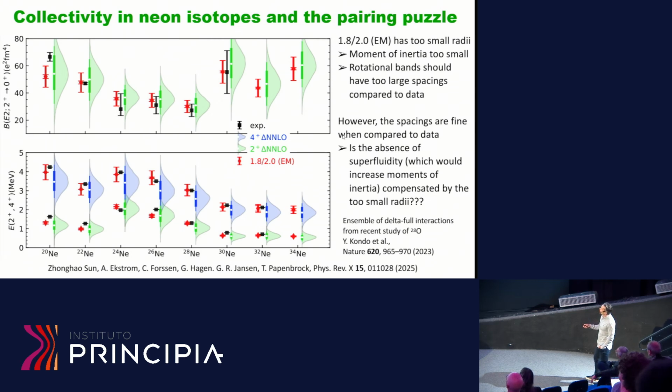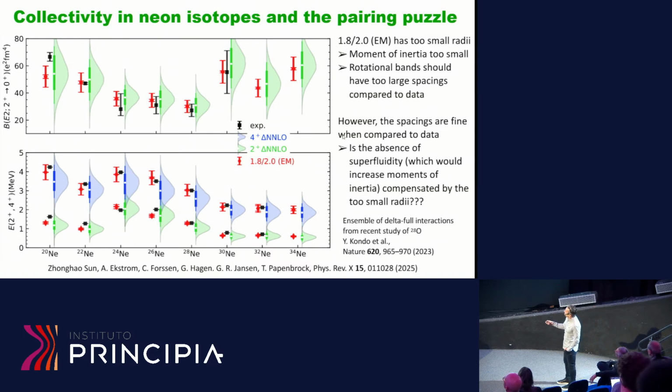So these are now the calculations for the 2+ and 4+ states in neon-20 all the way through neon-34 to the drip line, and also for the B(E2) strength for the 2+ to the 0+ ground state. The black vertical bars here are experiment with experimental uncertainties for the transitions and also the excited states. And then we have different ensembles of interactions that we employed.